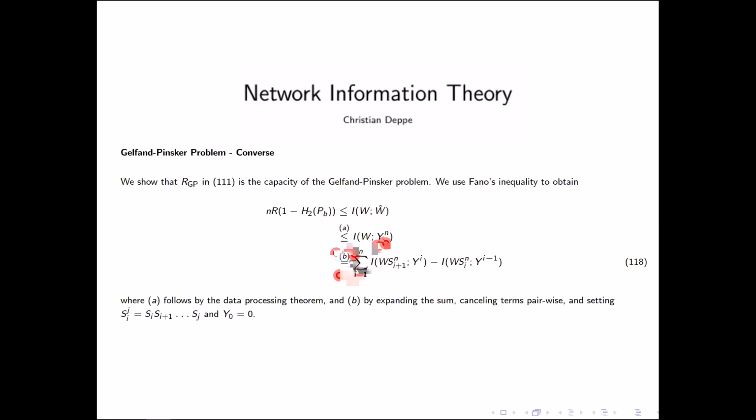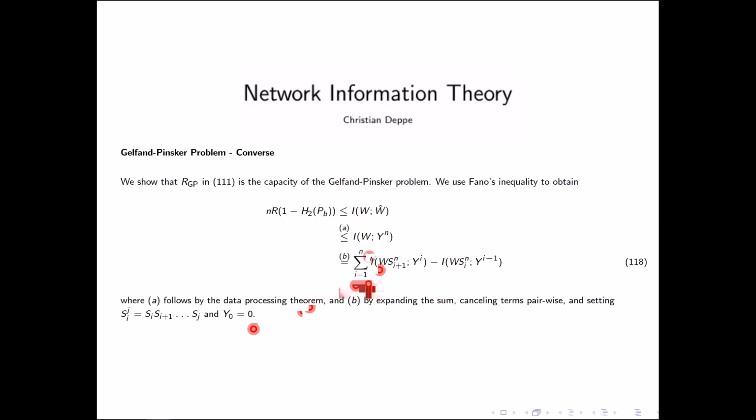It's a new proof; Gelfand and Pinsker used another proof. It's called the telescope equality somehow. The trick is to insert sequences of random variables such that S_i^j denotes S_i, S_{i+1}, until S_j, and we assume that Y^0 is equal to 0.